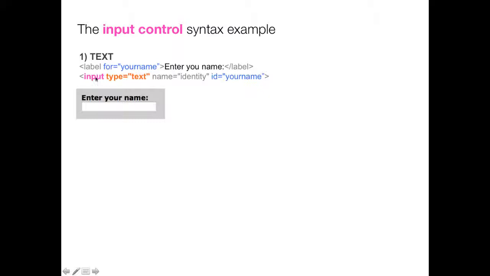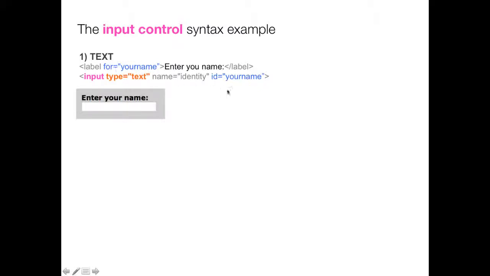The input element is being used with the type attribute, and when we say type text, it means we are getting a simple text field in which a user can enter their name or their last name or whatever we want them to enter. The name attribute we will explain later.